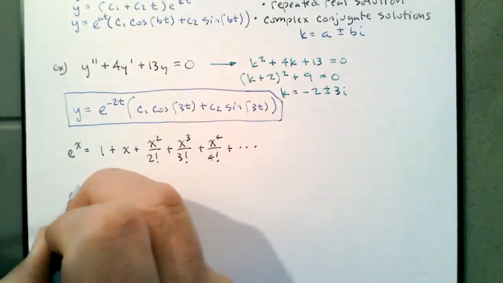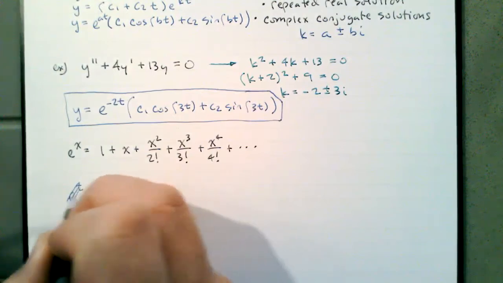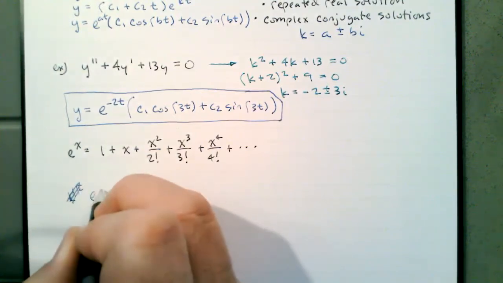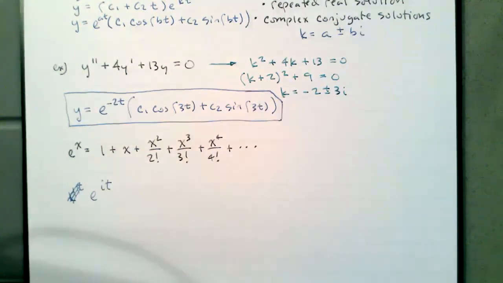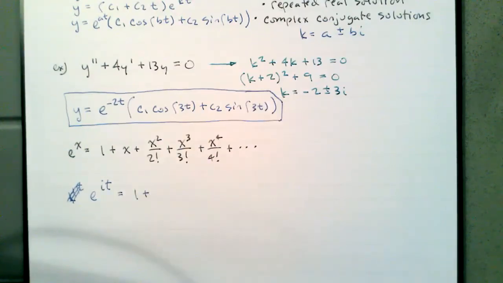So let's look at e to the i times t. I'm going to replace all the x's with just i times t.